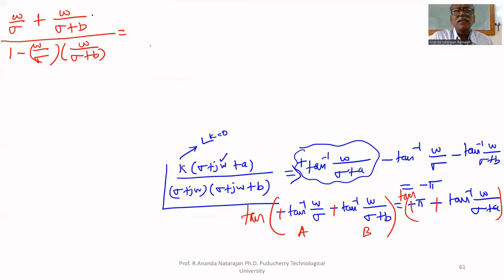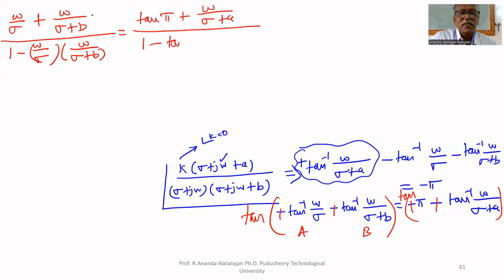On the right side, taking tan, we get tan pi plus omega divided by sigma plus A, whole divided by 1 minus tan pi multiplied by omega divided by sigma plus A. Tan pi, that is 180 degree, is 0. This is also equal to 0.